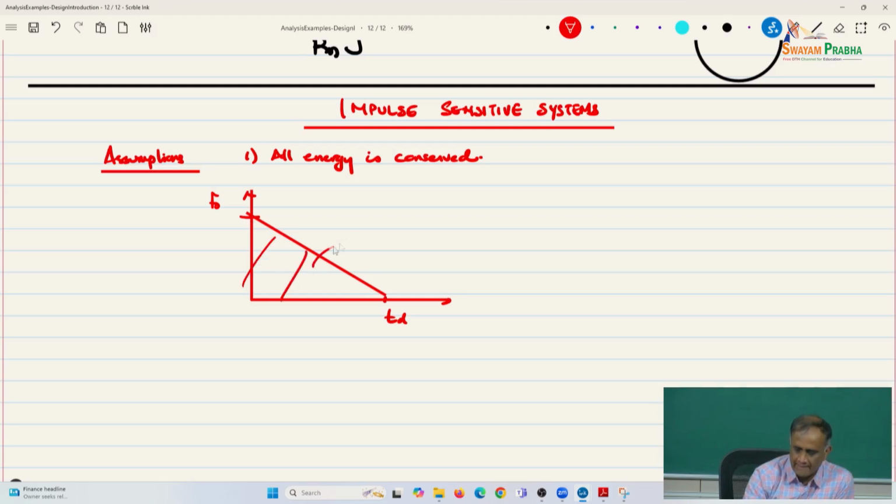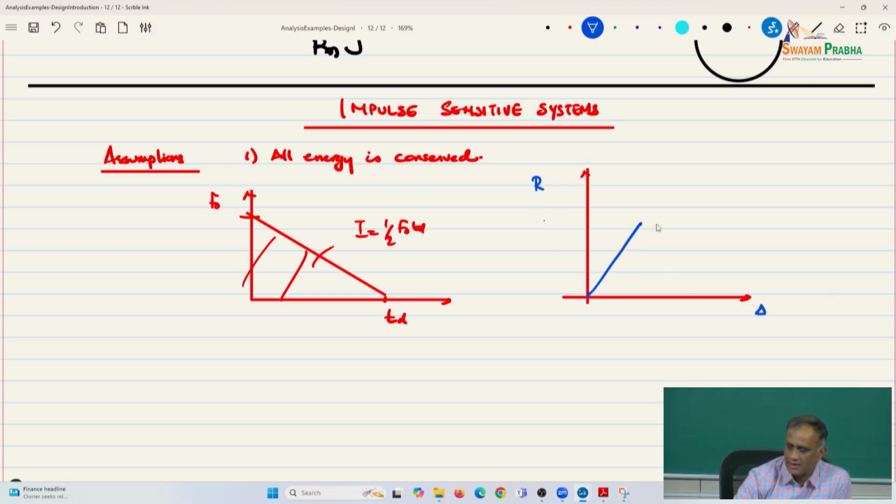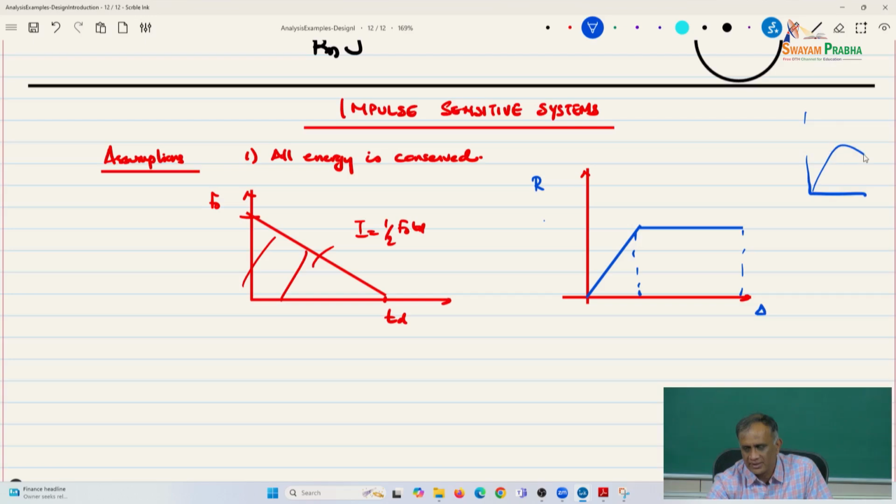So I is 1/2 F naught Td, and then you also have the same Rm, the response R versus delta. All of these are again idealized. So keep in mind, these are derived for a rigid system. So if you have something like concrete, it goes something like this. So you are sort of idealizing it something like that, or you can make it more ductile.